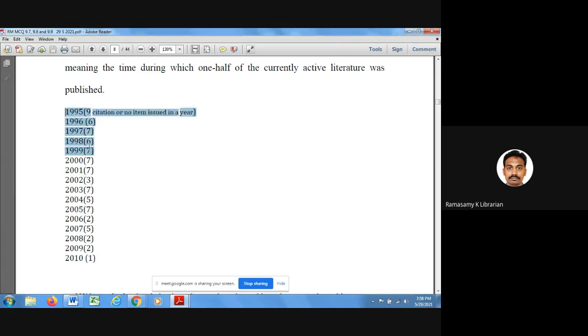If you take the first 6 years, within the first 6 years of its publication, the paper has received half of its total citations. So 6 years is taken as the half-life period of this paper. After 6 years, the paper has started reaching its obsolescence. It has started decreasing in importance. Fine. That is what half-life is all about.